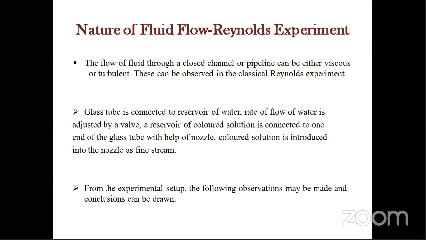So today we just want to know about the Reynolds experiment, or how the flow of fluids is defined by Reynolds. Reynolds was a Scottish scientist. He first observed that the dynamics of the flow of fluids depends on the viscosity of the fluid.